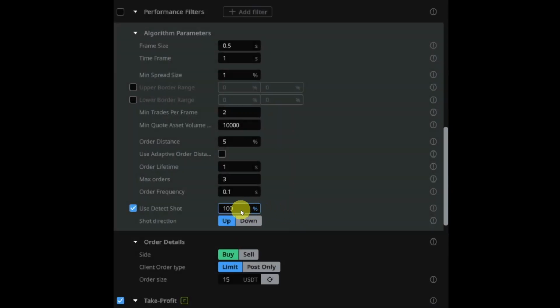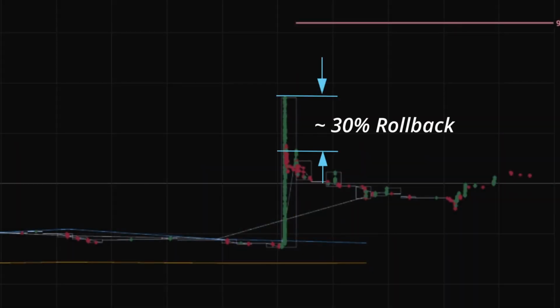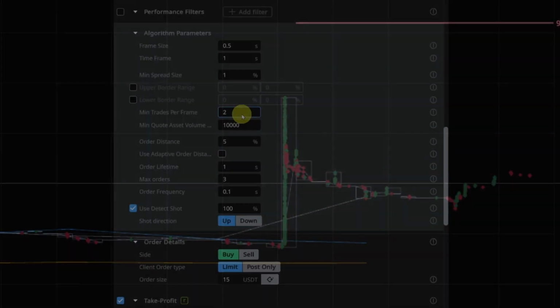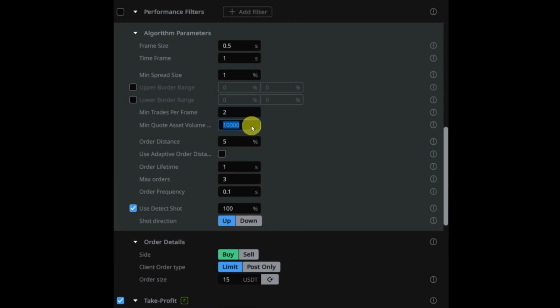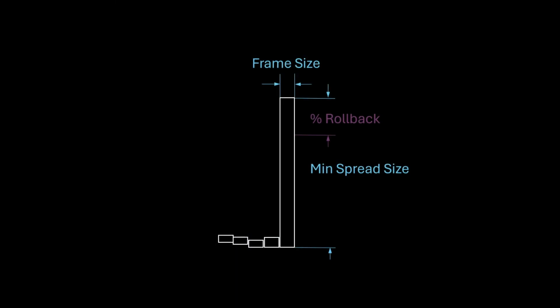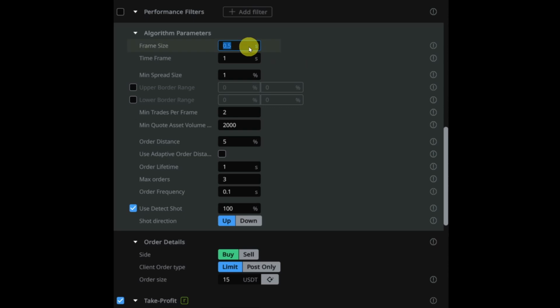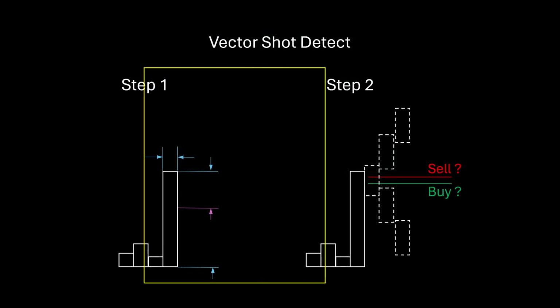This is probably the most important piece in deciding what to do after the shot later in step 2. The minimum trades and minimum volume still function as the usual additional filters, but in my view, they are of lesser importance for shot detect. So, the bare bones basics to shape a shot and produce a trigger are frame size, shot size, direction, and rollback percentage. Moving on to step 2.